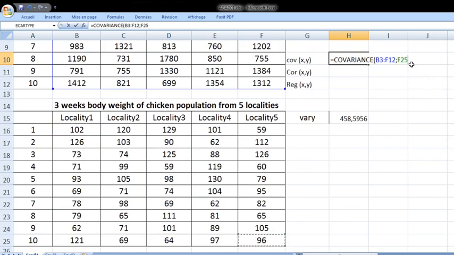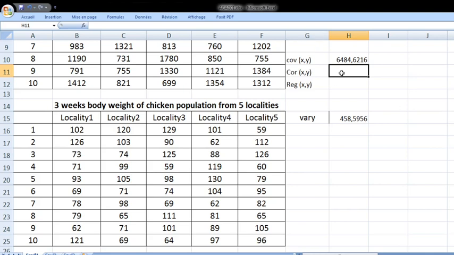Sorry, something happened. Let's start again. Beginning of the data range, and then colon, then the last or the end of the second data range. I close my bracket, and then I have now the covariance.